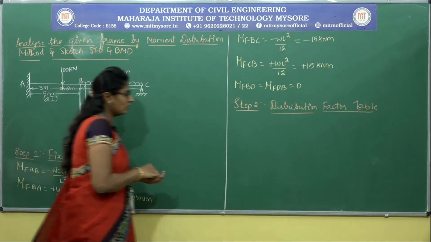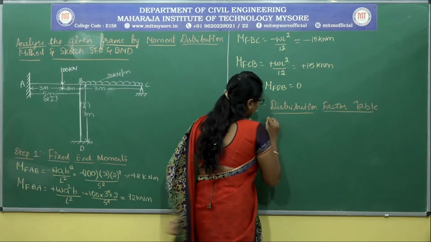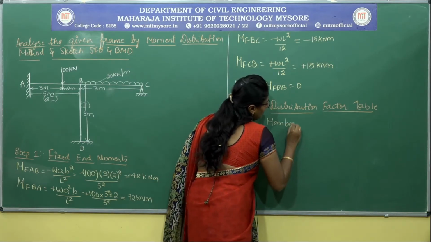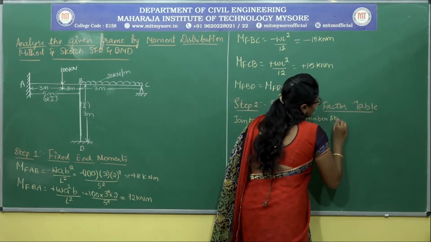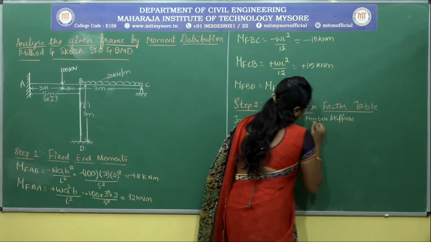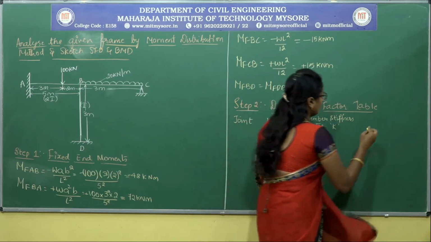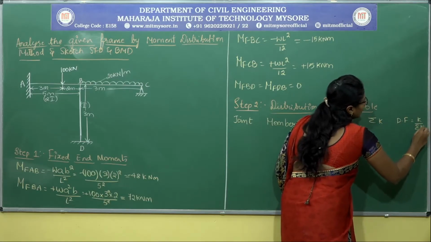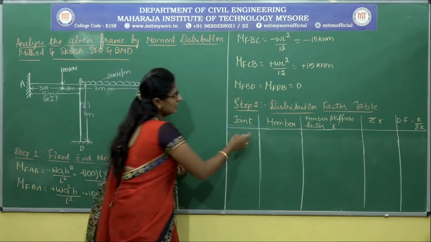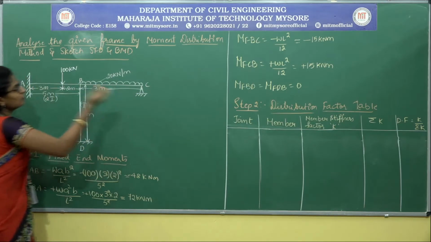So for this, we know that we need to take joint, member, stiffness factor K, sigma K, and distribution factor is equal to K divided by sigma K. So now for this, we need to take joint wise, but here we know that the distribution factors for fixed and hinged support can be obtained directly.